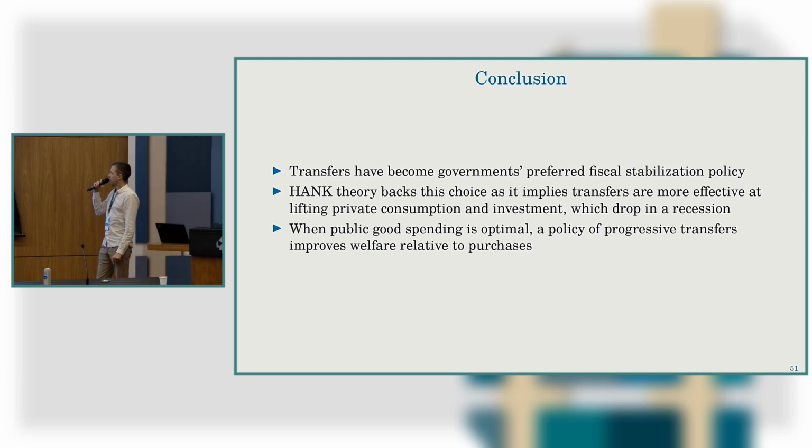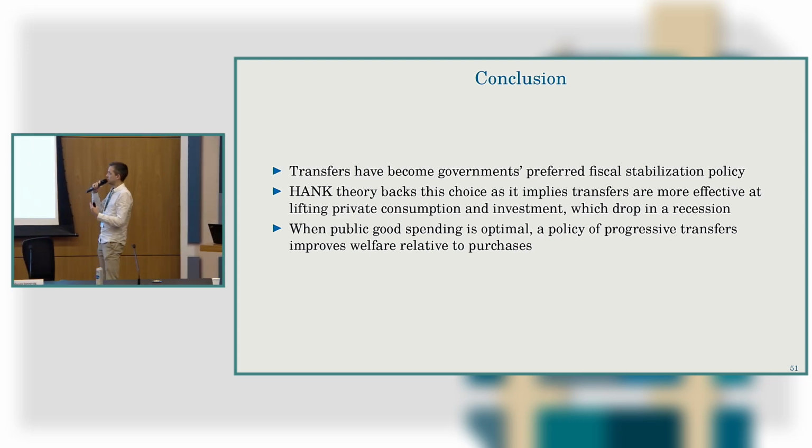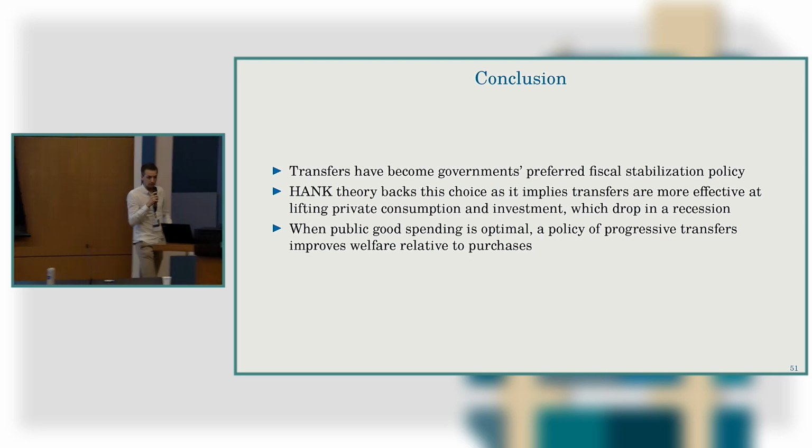HANK theory backs this choice in the sense that it implies that transfers are more effective at boosting consumption, and we also show investment in the extended model, and therefore they manage to improve welfare more relative to purchases. Thank you.